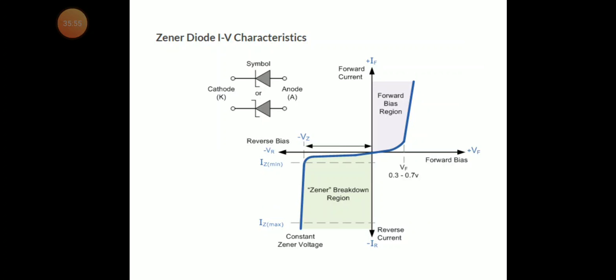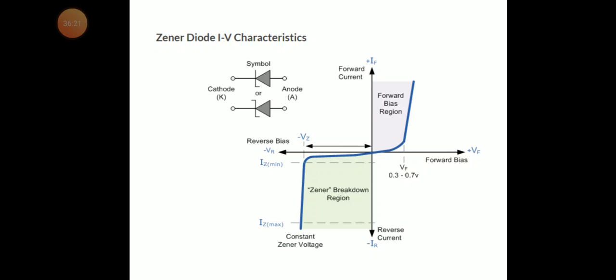In the forward bias we have forward current, and in the reverse bias we have reverse current. In the forward bias it is positive, positive; in the reverse bias it is negative, negative. We apply a negative voltage and we get a negative current. The forward voltage is just like the PN junction diode: 0.7 for silicon and 0.3 for germanium.